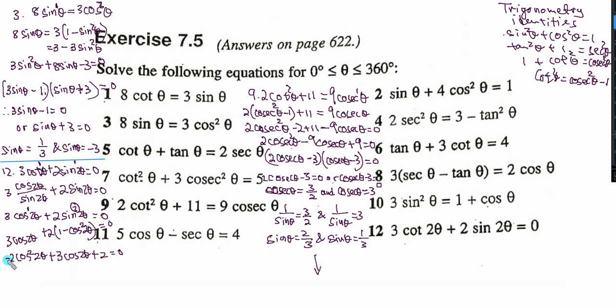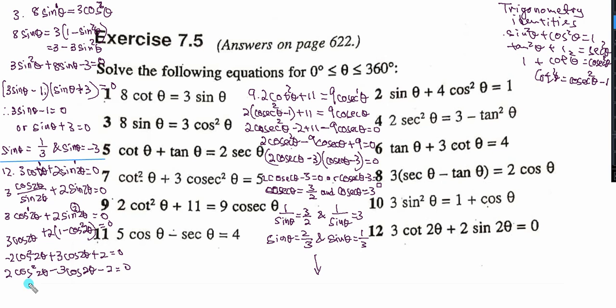Now, we do not want a square term with a negative. Multiply by minus 1 across. So you end up with 2 cosine squared 2 theta minus 3 cosine 2 theta, and this becomes minus 2, because minus 1 times 2 becomes minus 2.